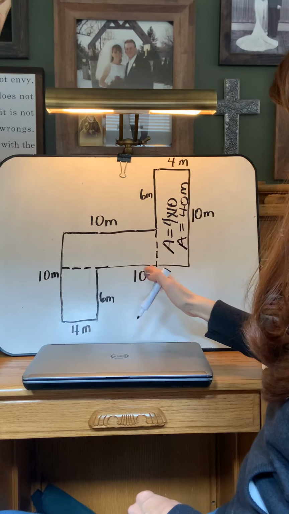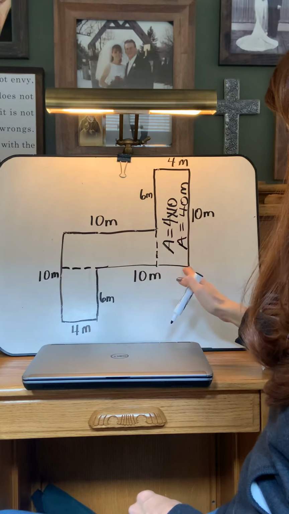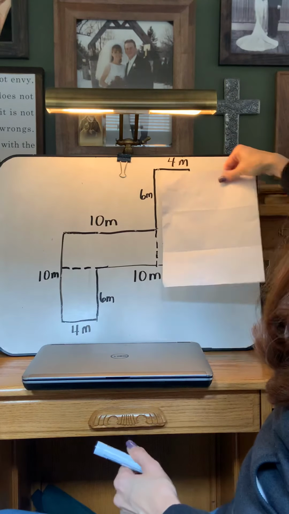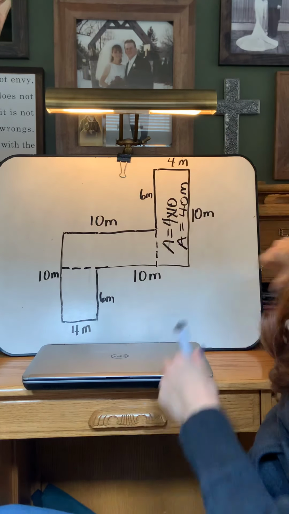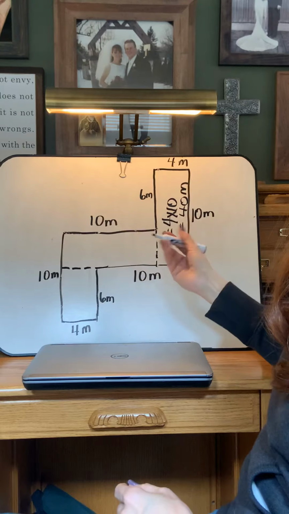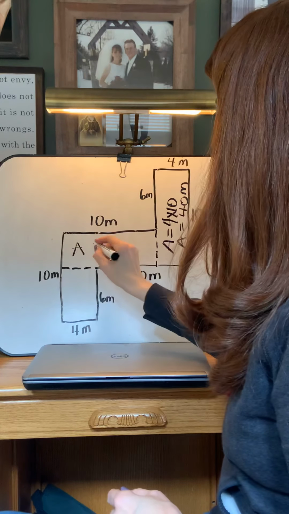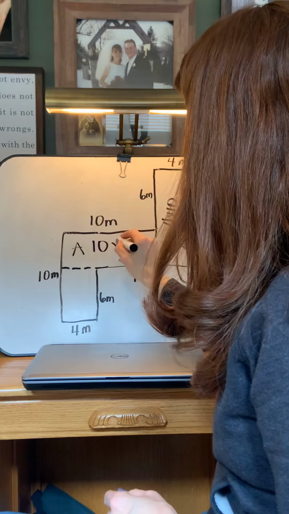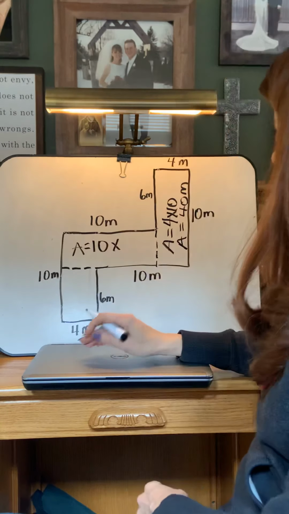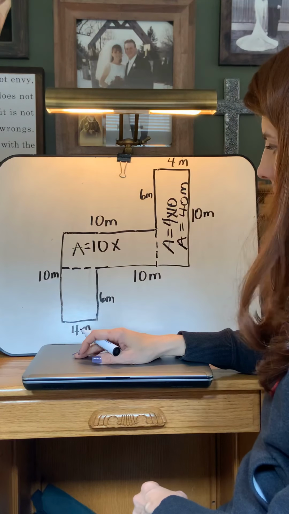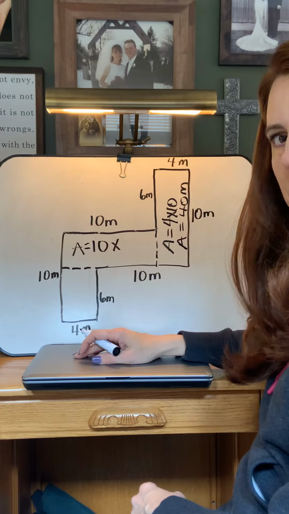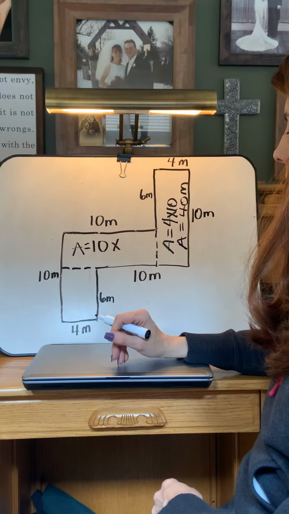This one doesn't, because this one's going from here to here when I need to stop here. But this one goes from here to here. So I'm going to say that this area is 10 times, but 10 times what, boys and girls? And how am I going to figure it out?